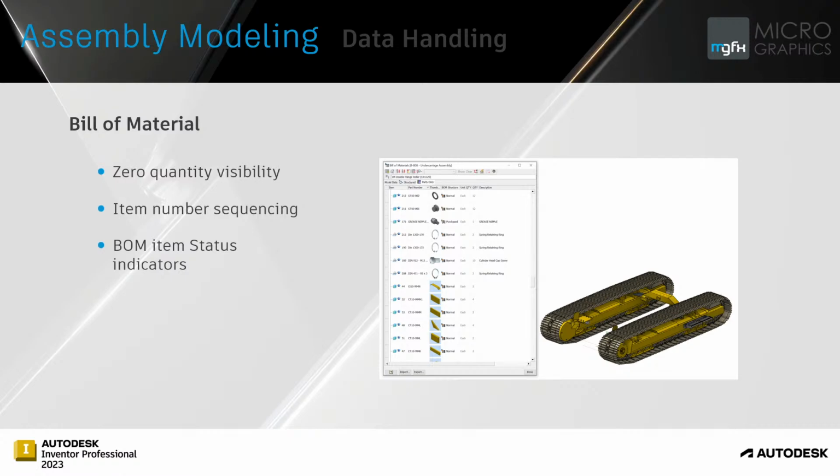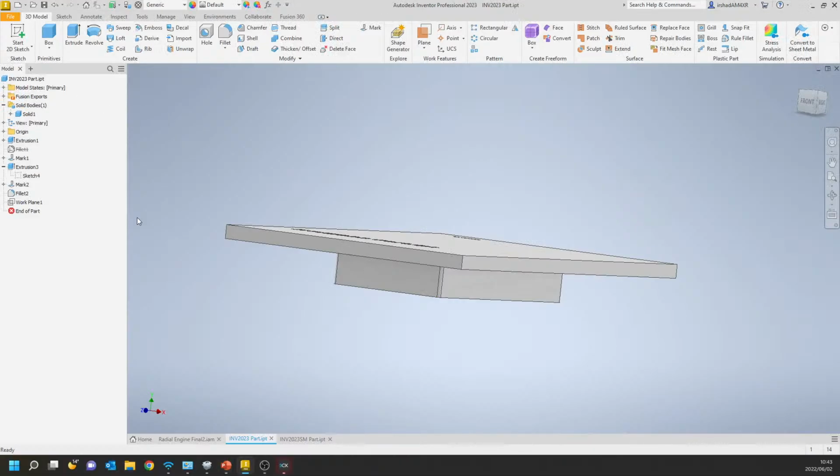There's also a bunch of other settings included in a new settings button up there, and the two settings are basically to resequence item numbers, right, and also BOM item status indicators, so to indicate the item status. So let's take a look.